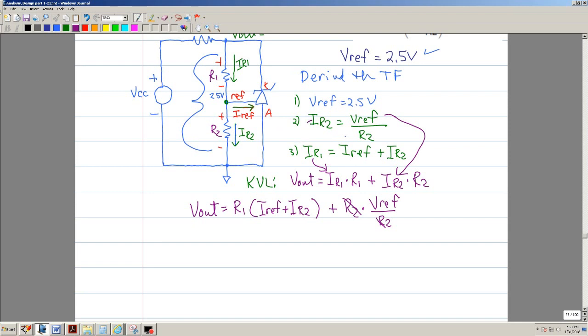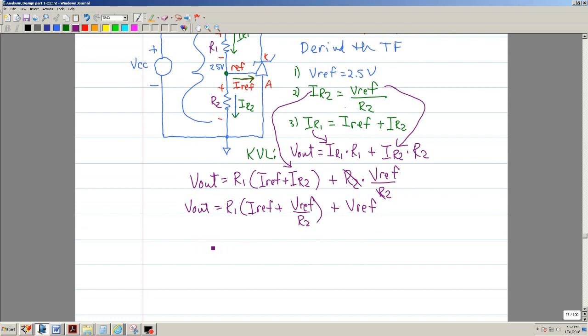If you notice, we can also plug this in there. So let me go ahead and do that. Vref R2. Then we have Vref.